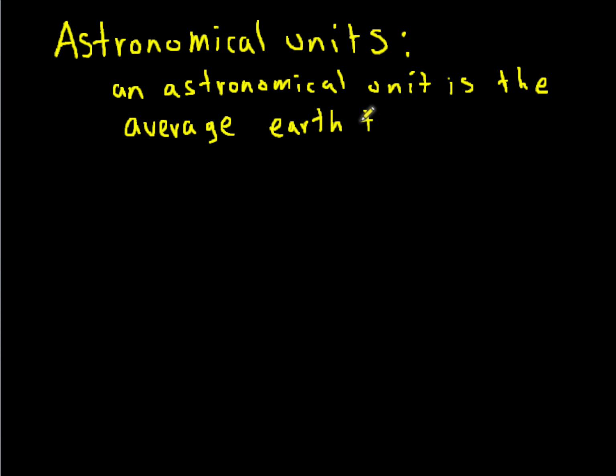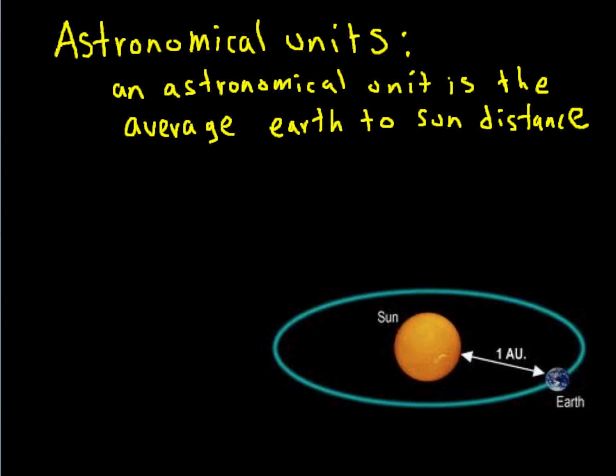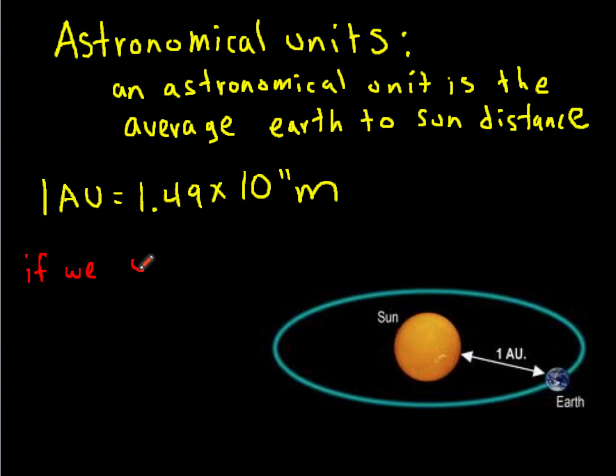And we can use this astronomical unit as a distance unit instead of meters or kilometers. It's just a different way of measuring distance. So the astronomical unit is the average Earth to Sun distance. 1 AU is 1.49 times 10 to the 11 meters. It's very useful for Kepler's law.